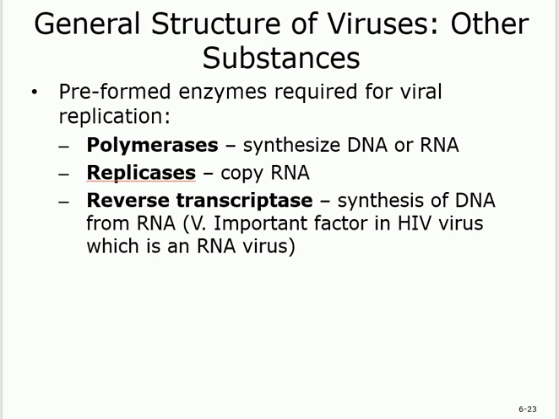Replicase is to replicate RNA, basically. What does replicate mean? Make copies, yes. So this is replicase. Reverse transcriptase is just what I mentioned. It's a transcriptase, but the opposite. You make DNA out of the RNA, which is the reverse, the opposite, right? HIV is an example of that.